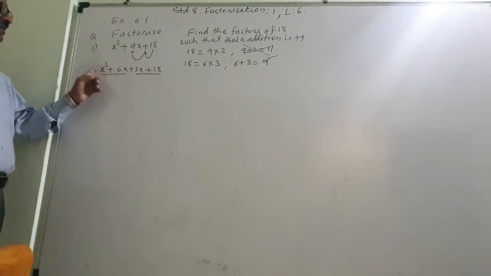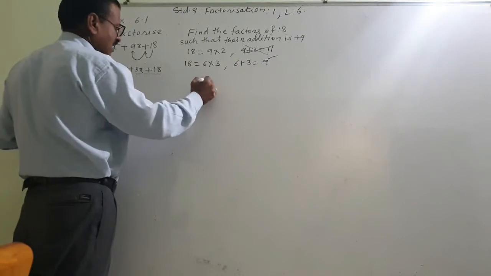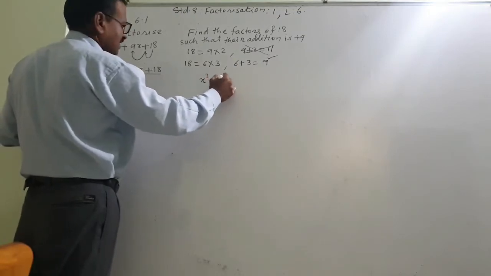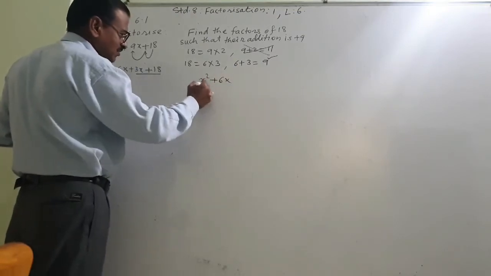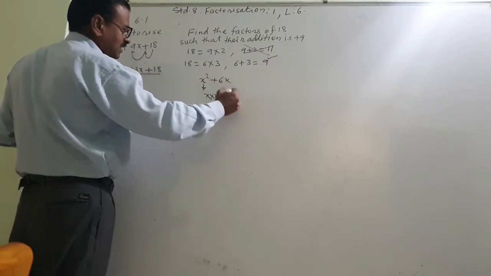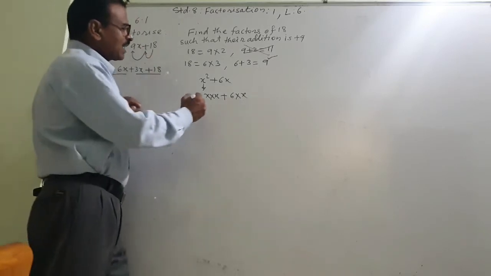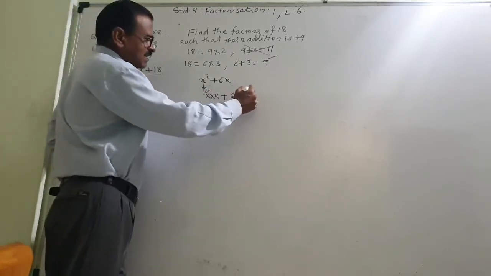What is common in this, that I will find. This is x square plus 6x, that is nothing but x into x plus 6 into x. So I find that this x and this x is common.